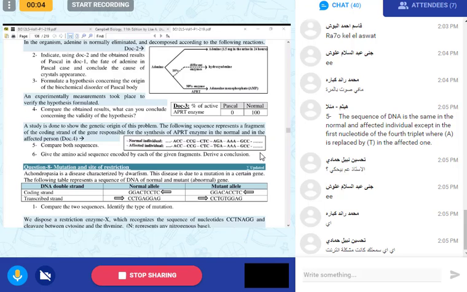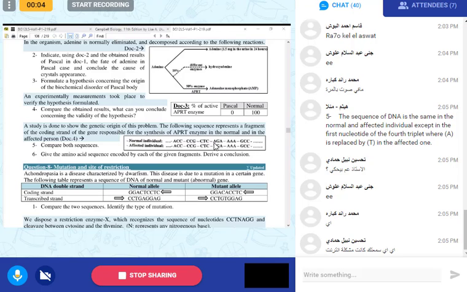Yes. Okay, number 6. Jana, the last one. Give the amino acid sequence encoded by each of the given fragments. Derive a conclusion.